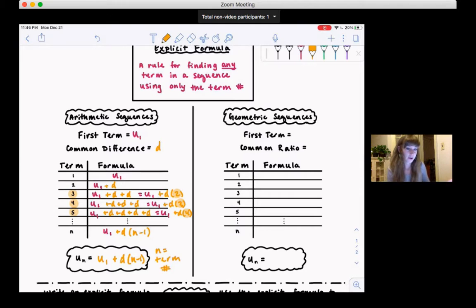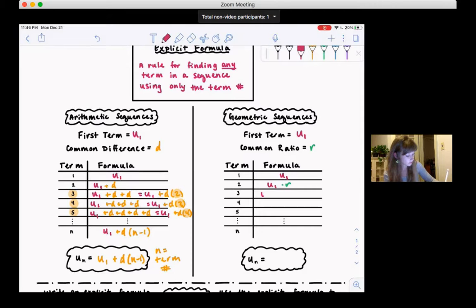We're going to do the same process for a geometric sequence. So now let's say the first term of our geometric sequence is still u1, but this time we have a common ratio, the number we're multiplying by, and that's going to be r. So for the first term in the sequence, the formula is just u1. To get the second term, we take the previous term u1 and we multiply it by our common ratio, just one time.